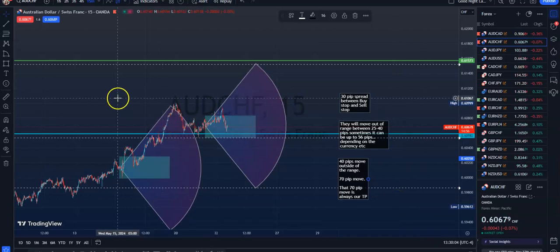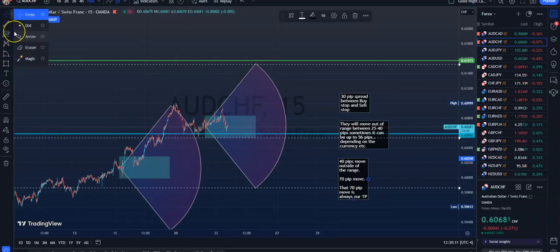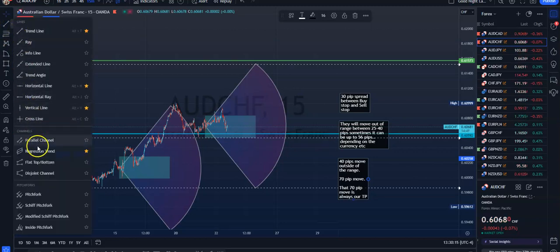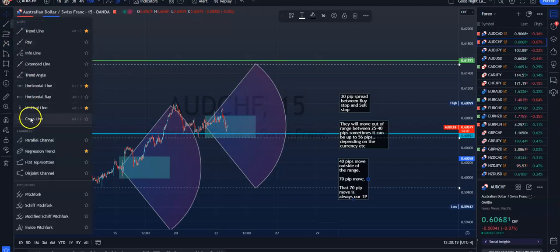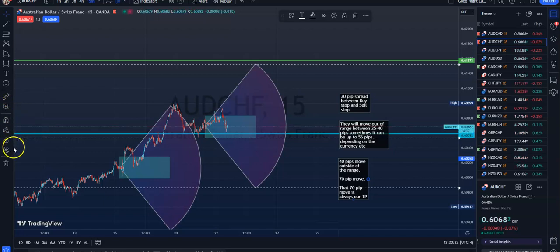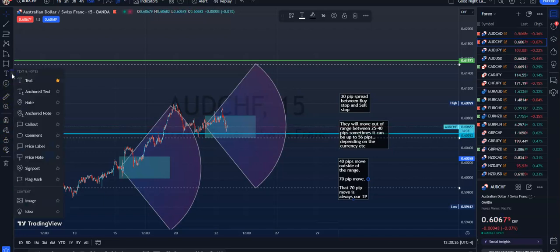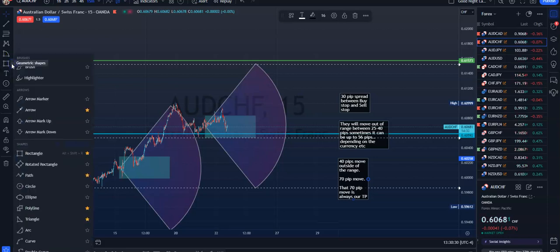Right? So I think there's a thing where you can draw a, where's the thing where you can draw a second line, man. No, wait, no. Image, no, geometric shapes, brush.